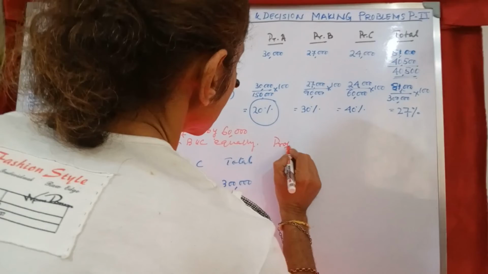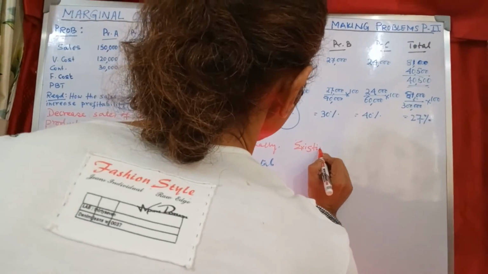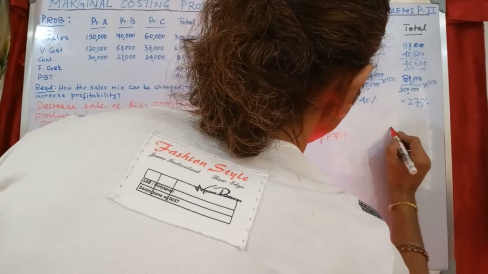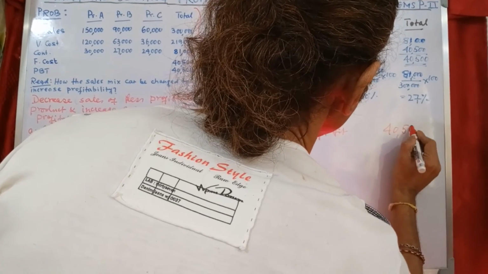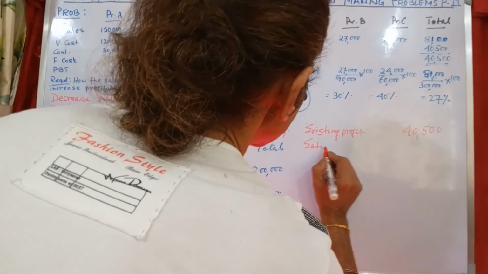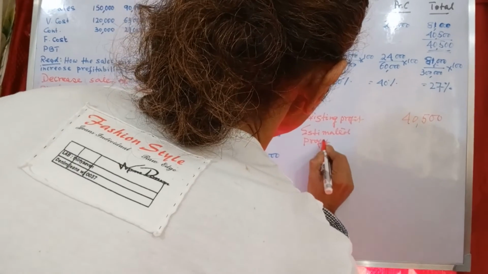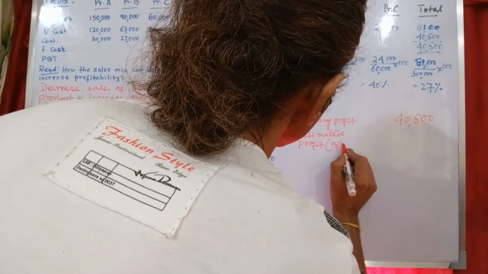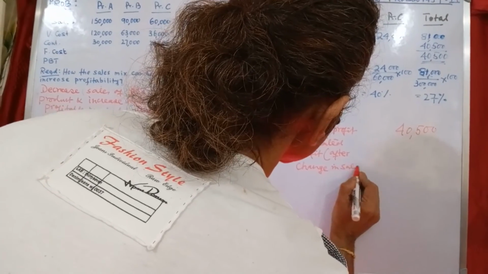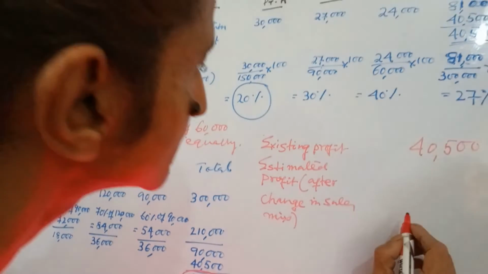So profit, existing profit, 40,500. Estimated profit, that is after change in sales mix, 49,500.